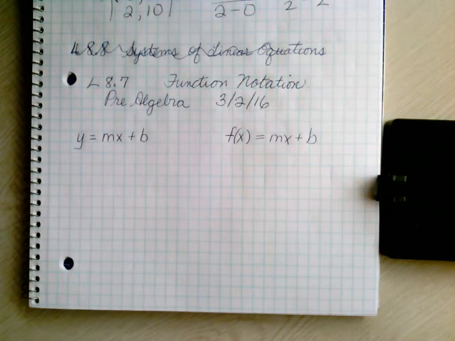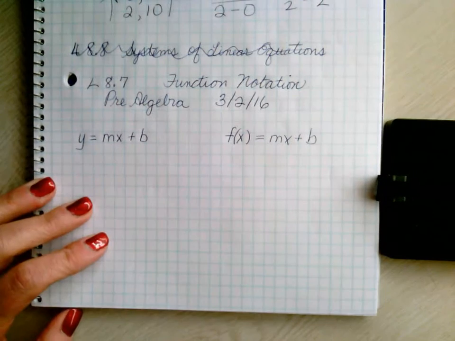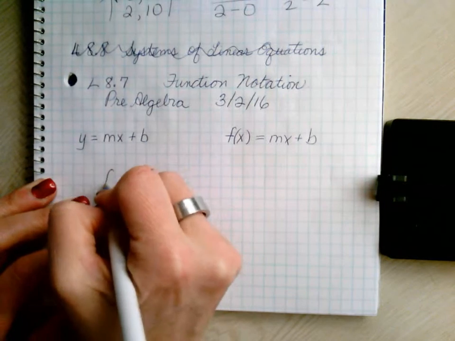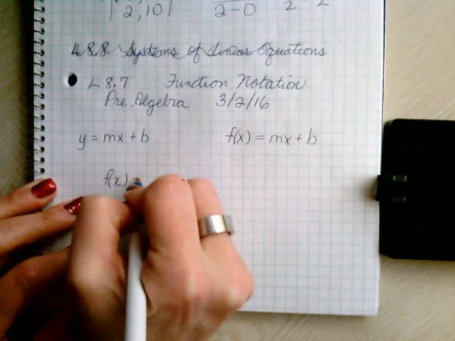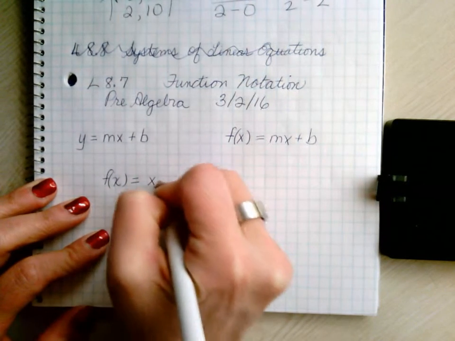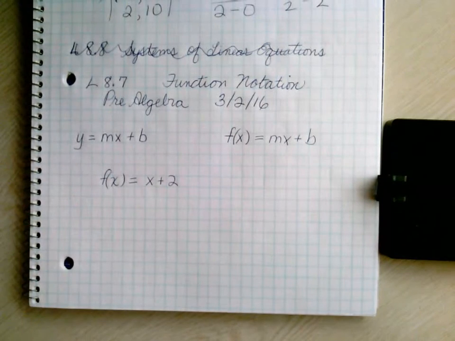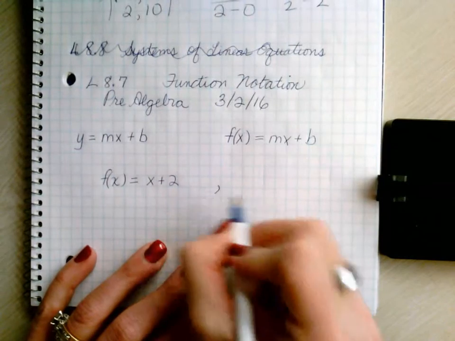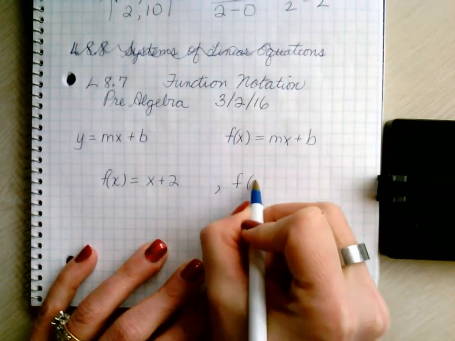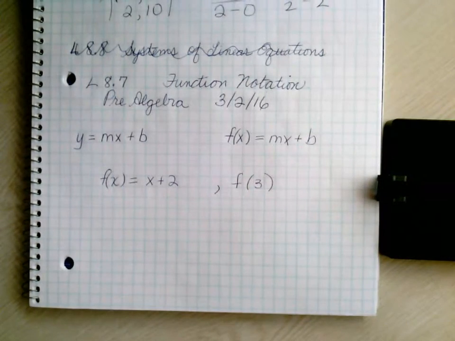In the equation they wrote, to the left of that balloon, they wrote f of x is x plus 2. And if they ask, what is the f of 3? What is the f value of 3?